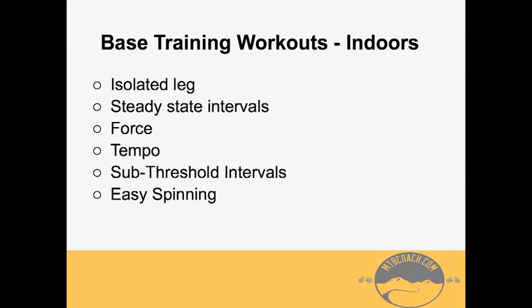So making the gears harder, getting the cadence down to maybe 60 RPMs and doing that for 30 seconds, maybe up to a minute, depending on where you are in your program. And then you're making the gears easier, and then spinning at an easy cadence and alternating that. And as you get more fit, then you can go do more time.